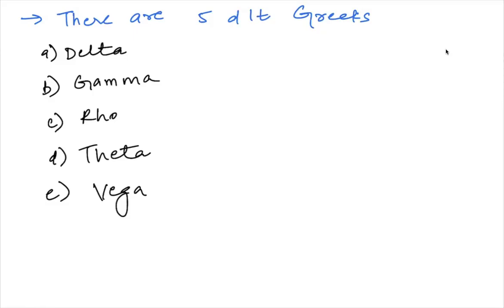So what is delta? Let's cover each of them. Delta tells you the sensitivity of your option price with respect to the underlying asset.